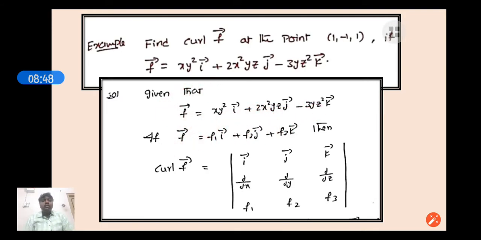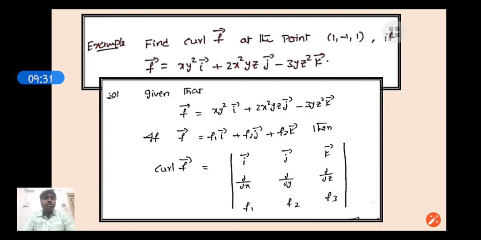Now I go through the definition of curl f bar. If f bar is equal to f1 i bar plus f2 j bar plus f3 k bar, the component form of a vector point function, then from the definition curl f bar is the determinant of i bar, j bar, k bar; dou by dou x, dou by dou y, dou by dou z; f1, f2, f3. You can observe that here f1 is x y square, the component of i bar, f2 is 2x square y z, and f3 is minus 3y z square.